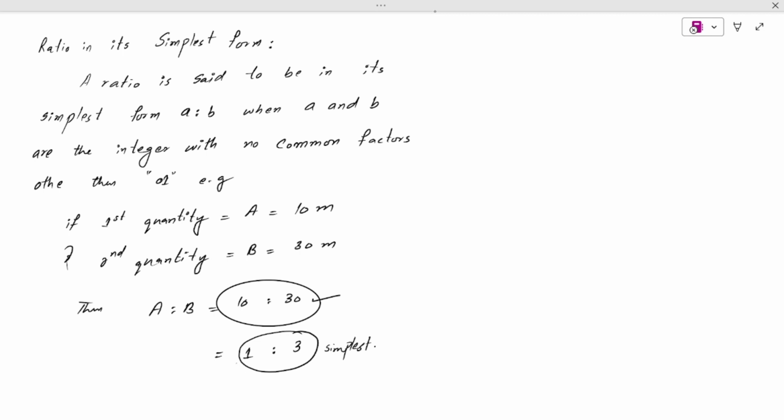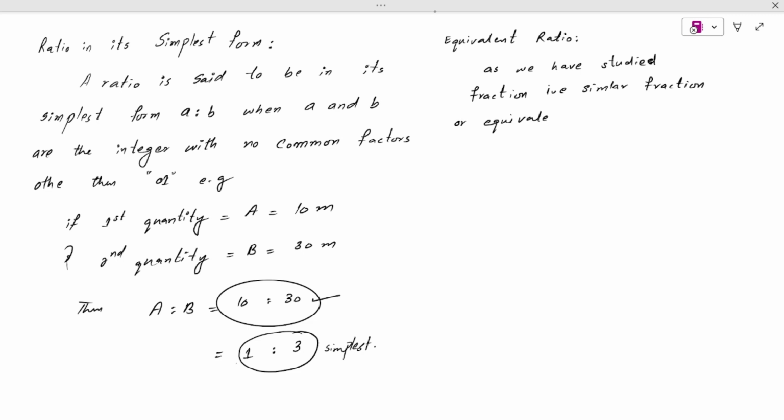Now let us discuss the equivalent ratios. As we have studied fractions, that is, similar fractions or equivalent fractions, that is 2 over 6, and its simplified form is 1 over 3.